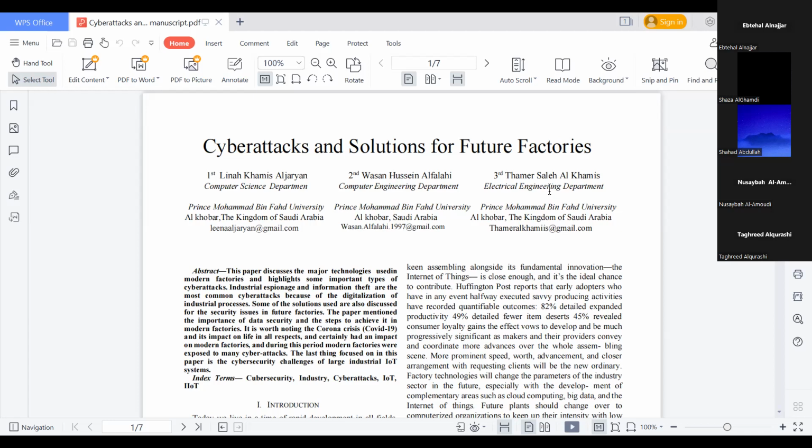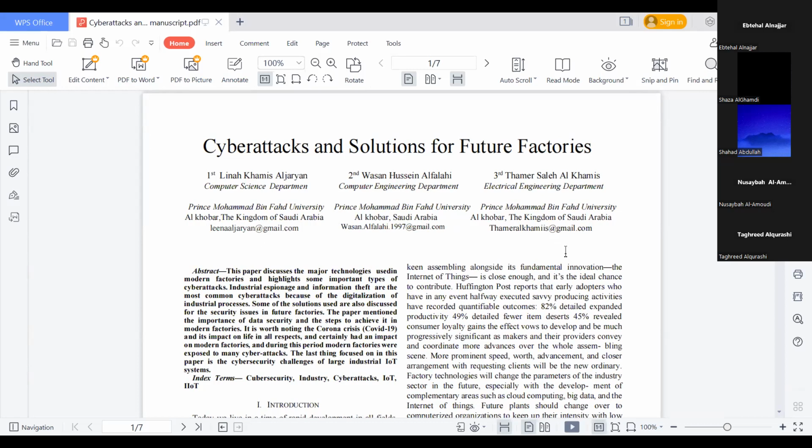The common cyber attacks are industrial espionage and information theft. We discussed some solutions for it. One of them is that manufacturers should have a clear security plan to secure data and should train employees to be able to deal with cyber attacks like phishing emails and so on.